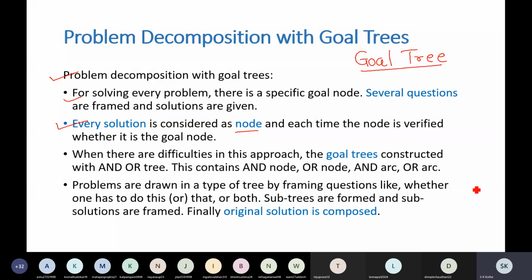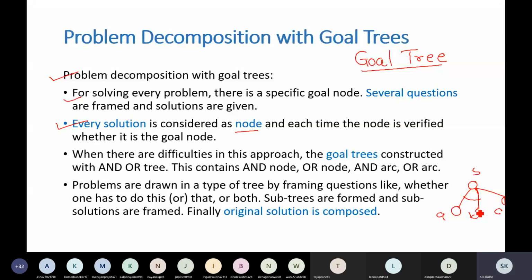In the graph we have seen, for example, if it is something like this, starting node as A, B and C, this is AND. So here you will have to solve A. So this is a solution, maybe a partial solution. So we call this a node. B is also a solution, specifically a partial solution.